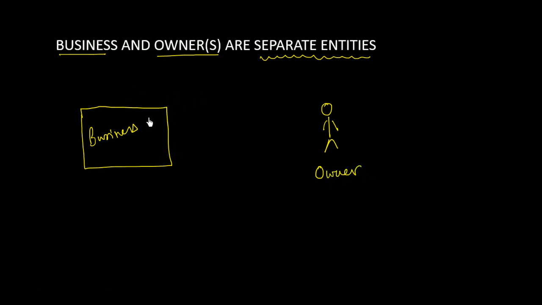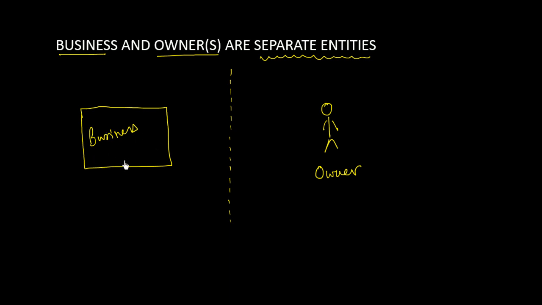So this concept says that the business and the owner of the business are separate entities. There is a thin line of difference between the identity of the business and the identity of the owner. The owner and the business are not one and the same.